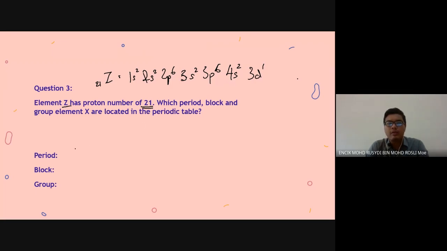Okay, so period 4, yes, correct. Block: the last electron is filled in the D orbital, so block D. And then our group should be in group... we take the last ones, 3 valence electrons, so 3. So 4d3, okay, so that's right.